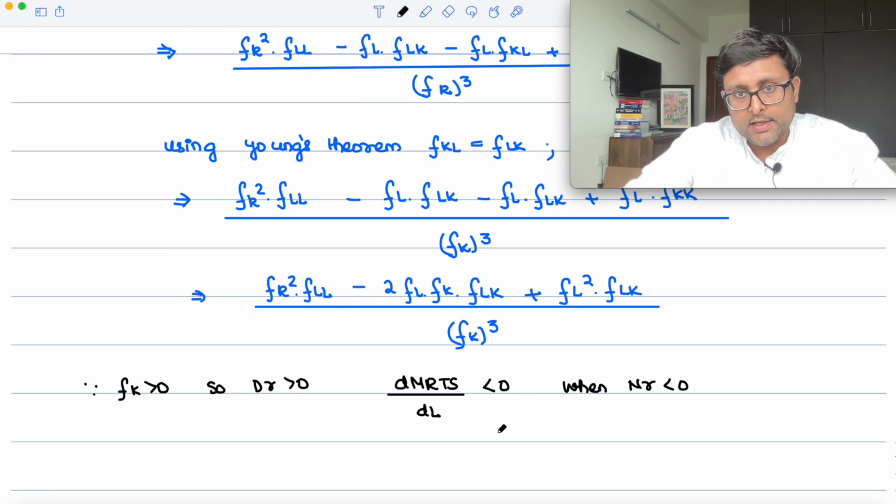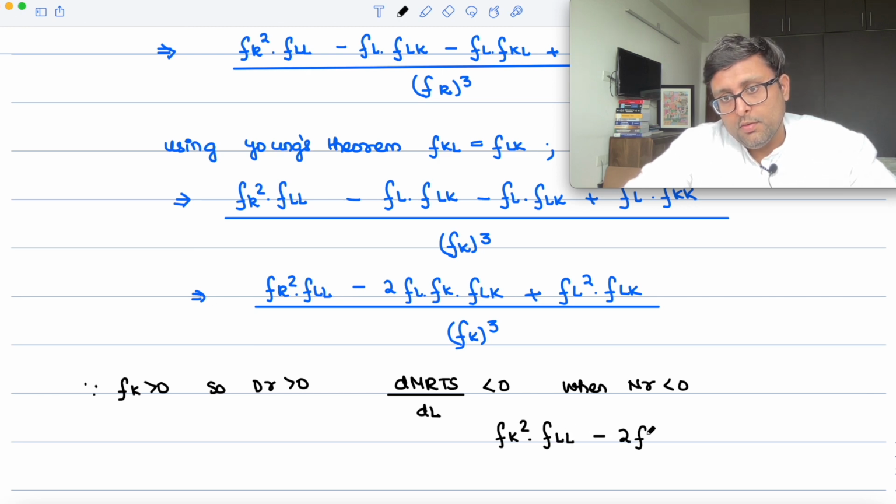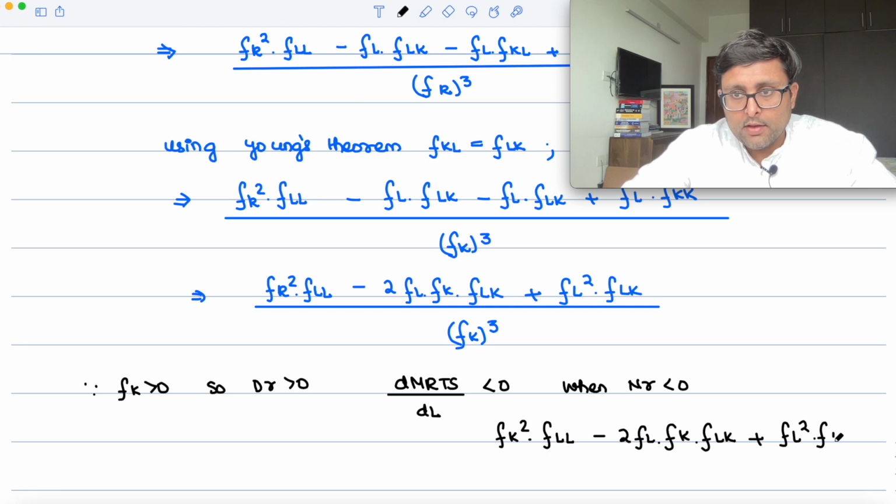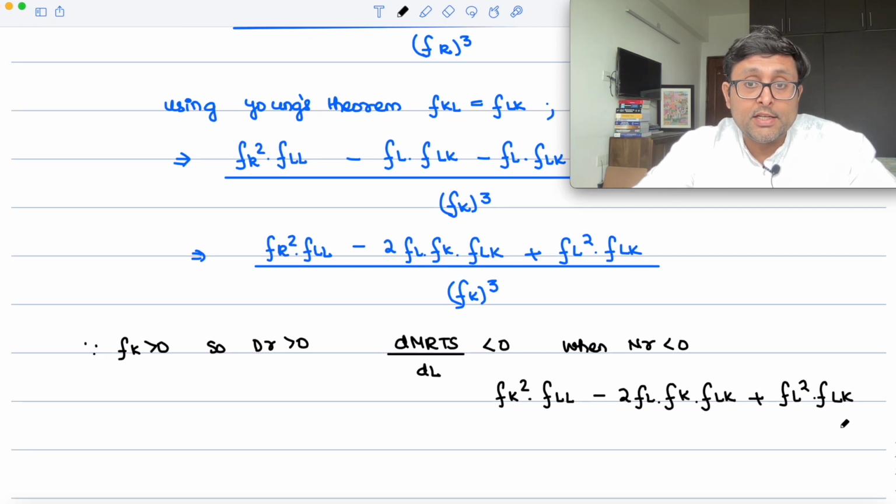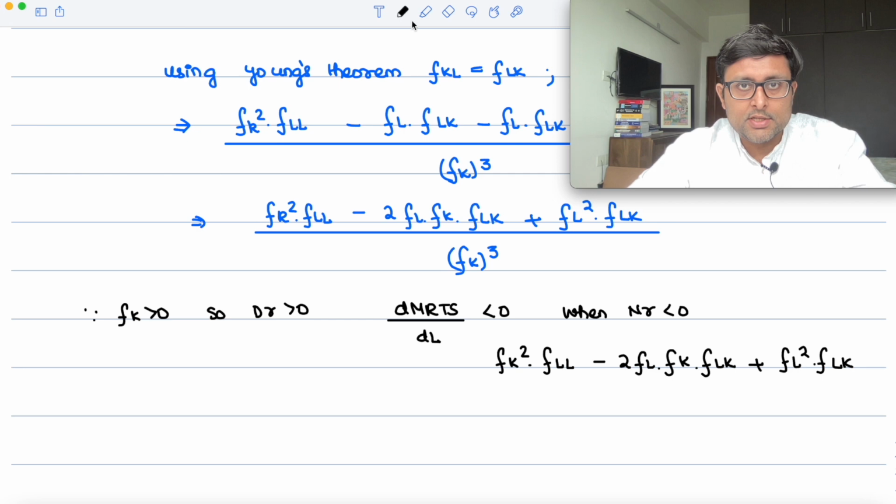What is the numerator here? FK square FLL minus 2 FL FK FLK plus FL square FKK. Now you want this to be negative. Let me put the signs first.